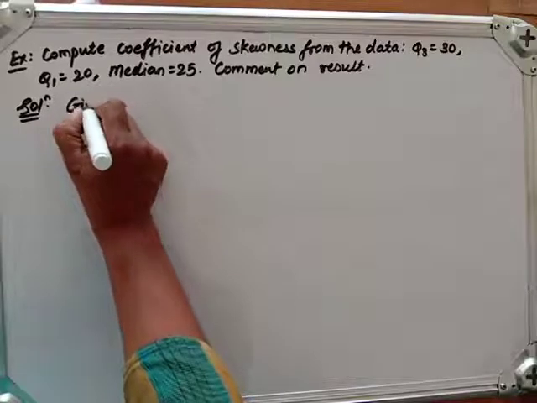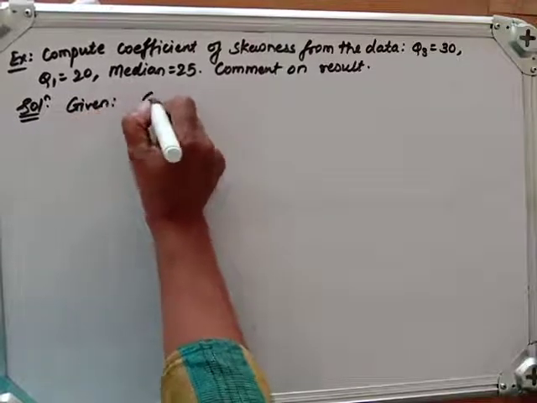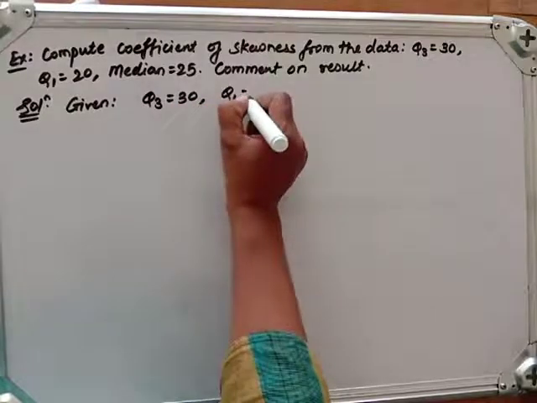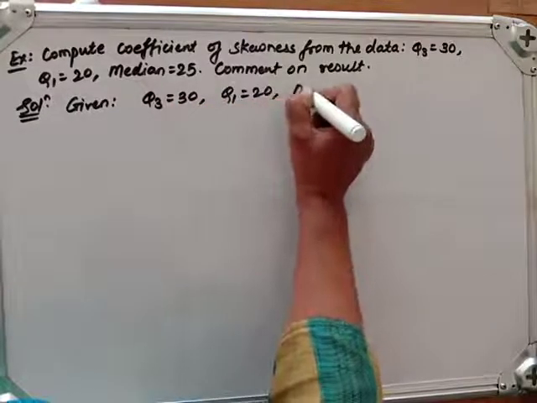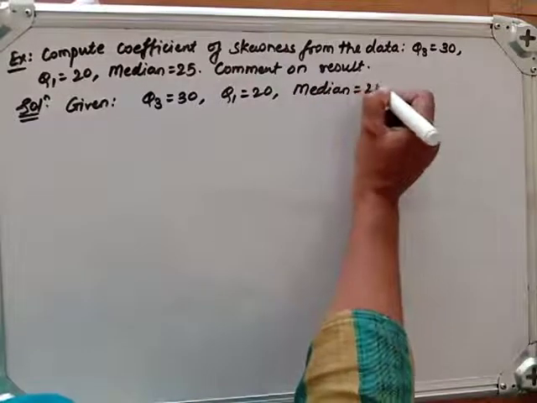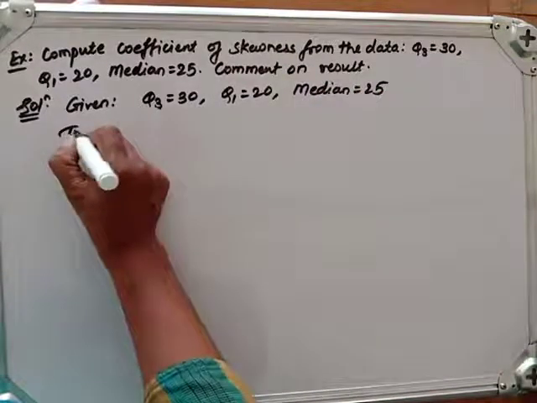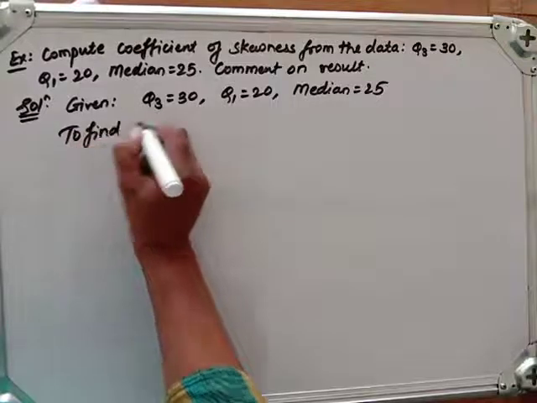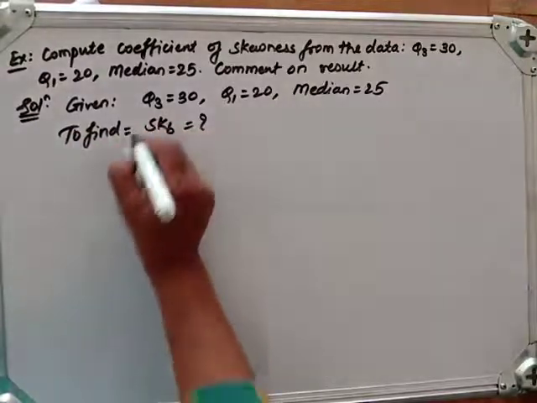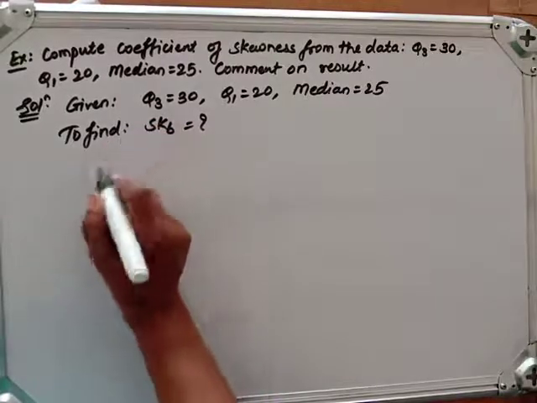So given Q3 is 30, Q1 is 20, median is 25, and to find SKB.